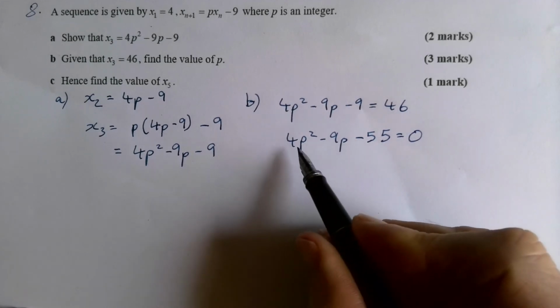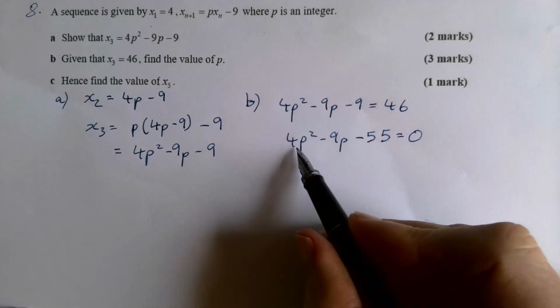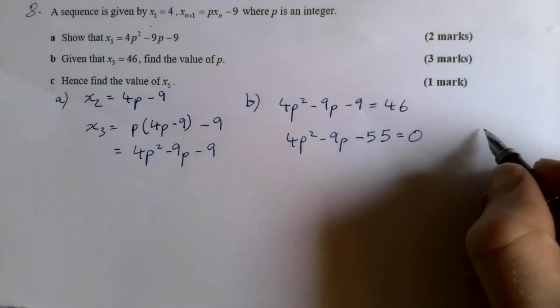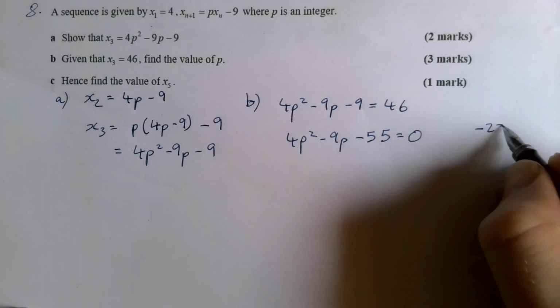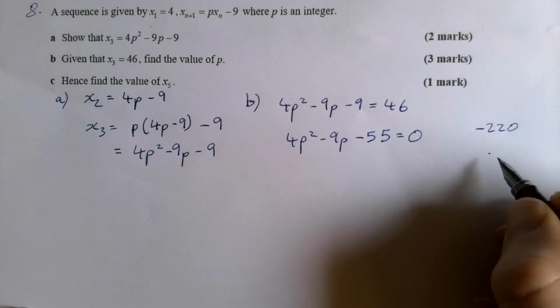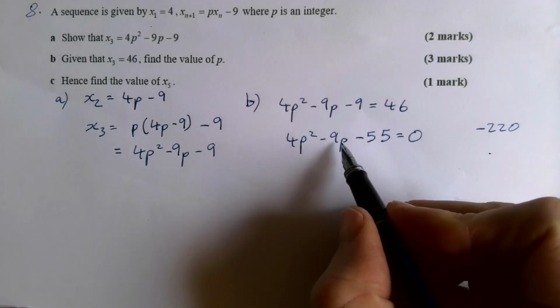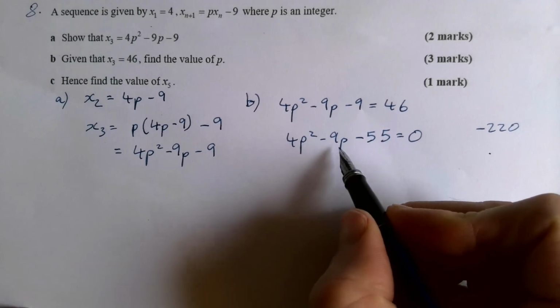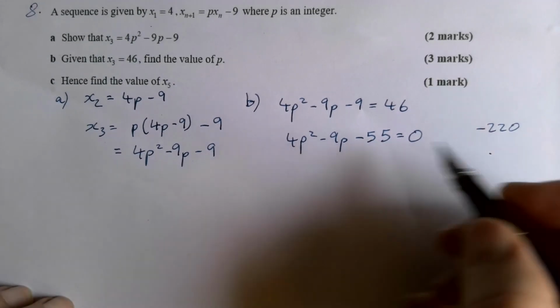Then to solve this, well, we need the numbers that multiply to make 4 times -55, which is -220, but that sum to make -9, or the difference between those two numbers is 9.